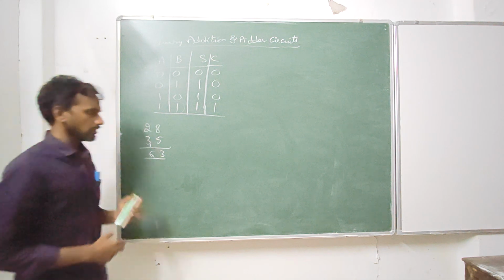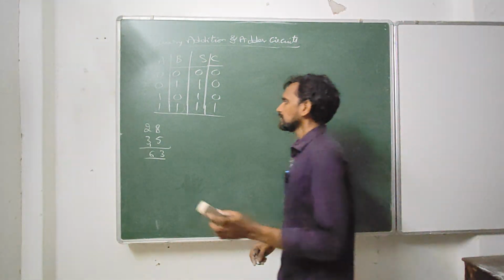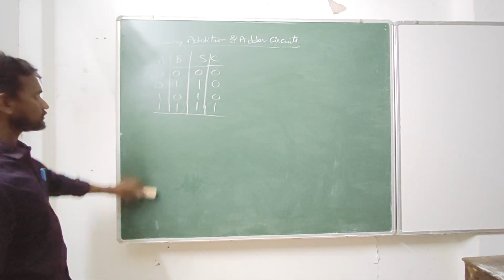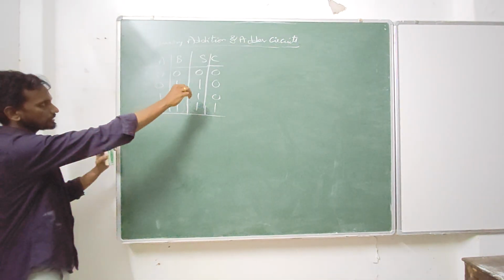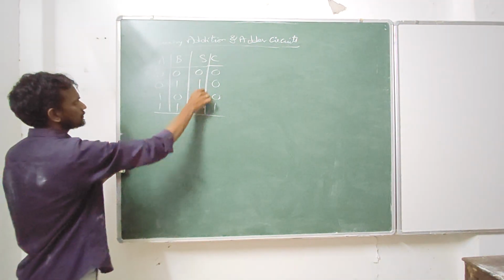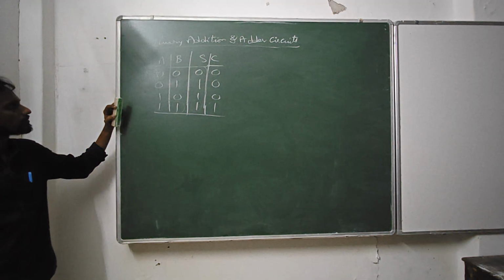See, we have to develop a logic circuit for this operation. One possibility is we can use a K-map table to solve this or simplify this expression if at all. Otherwise, here in this case the result is very simple. The sum is actually an OR operation. What about carry? Carry is an AND operation.